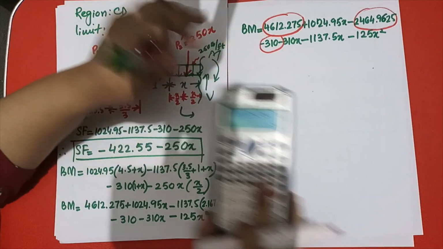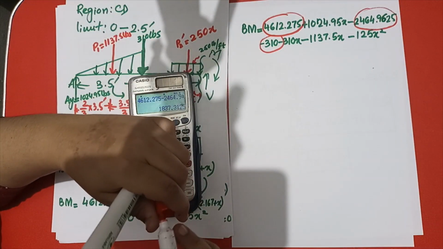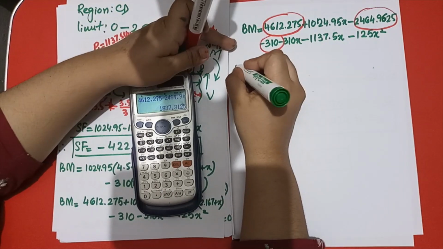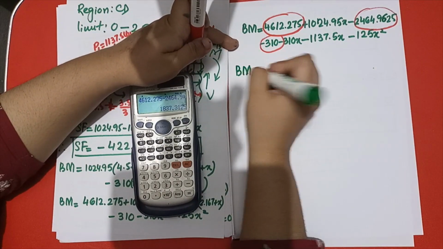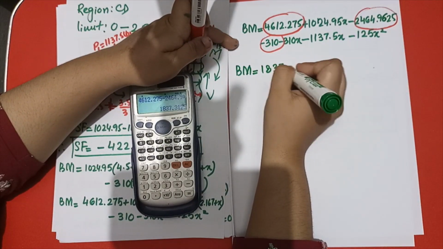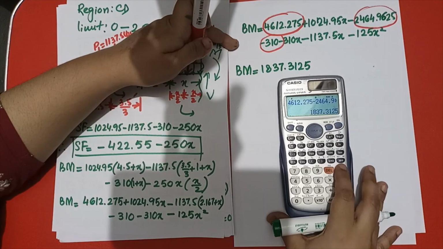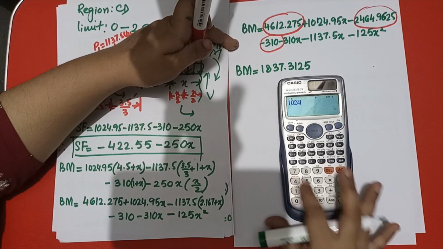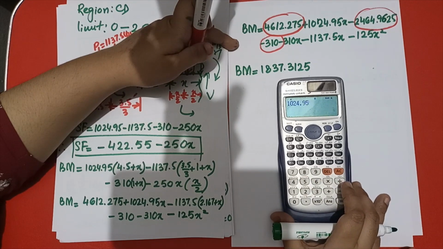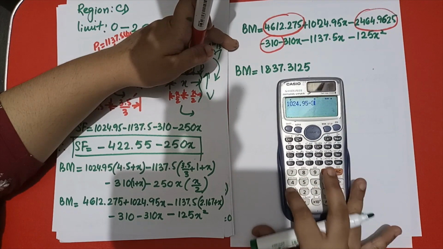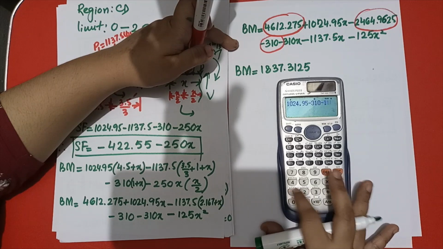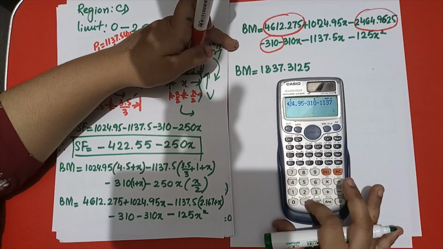So the answer will be 1837. The equation will be 1837.3125. Then the other value will be 1024.95x minus 310 minus 1137.5.